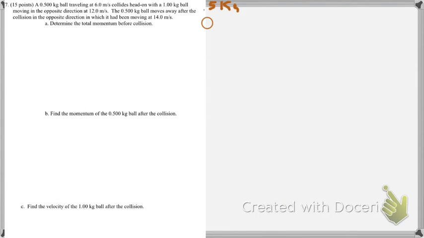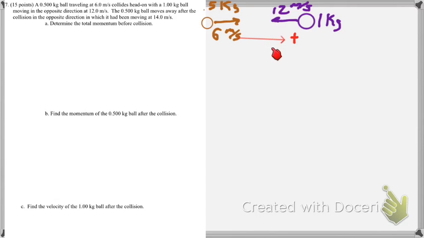Then we get to our half a kilogram object moving at 6 meters per second and a 1 kilogram object moving in the other direction at 12 meters per second. The big issue in this problem is understanding that we're dealing with momentum, which is a vector.